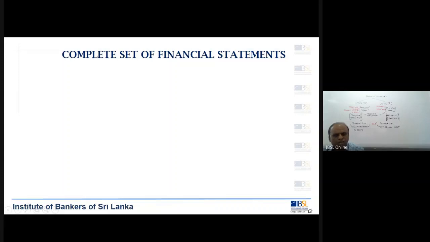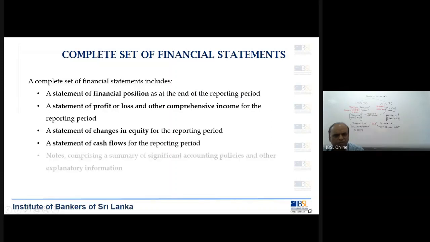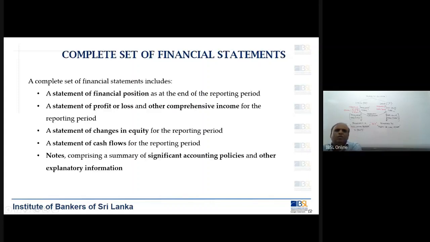So based on this understanding, here comes the complete set of financial statements. What are the financial statements that come under LKS 1? A statement of financial position as at the end of the reporting period. The statement of financial position, you can take down, is your balance sheet.